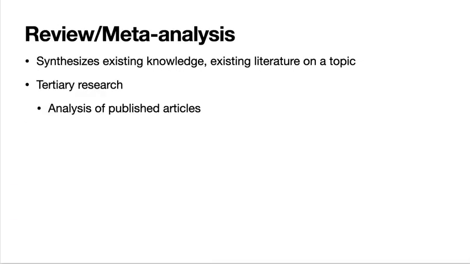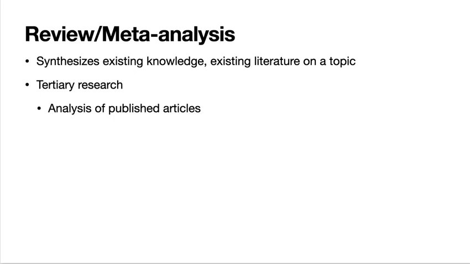We also have reviews and meta-analyses. These are syntheses of existing knowledge. So this would be if you have a topic that you're doing, maybe for a class, you do these kind of studies where you compile what is already known.